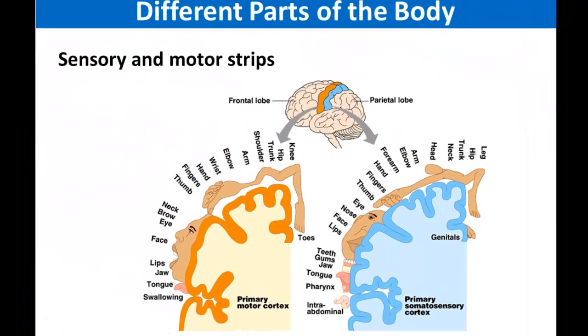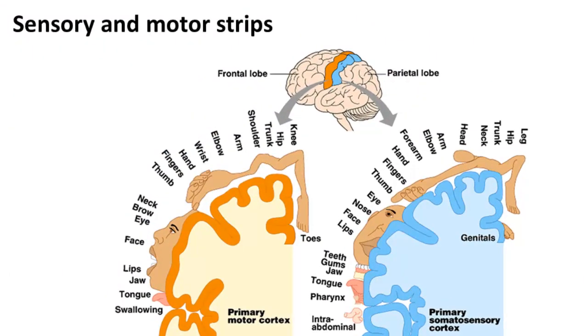Now, as we mentioned before, each part of the brain has a specific function. In this diagram here, we're looking at the sensory and motor strips of the brain. Sometimes I call those the sensory cortex and the motor cortex. It's the same thing as the strips.